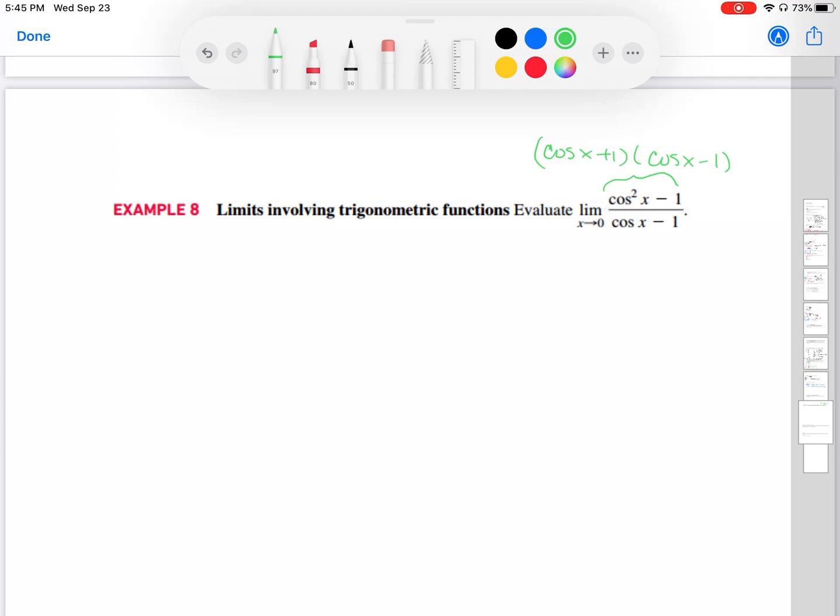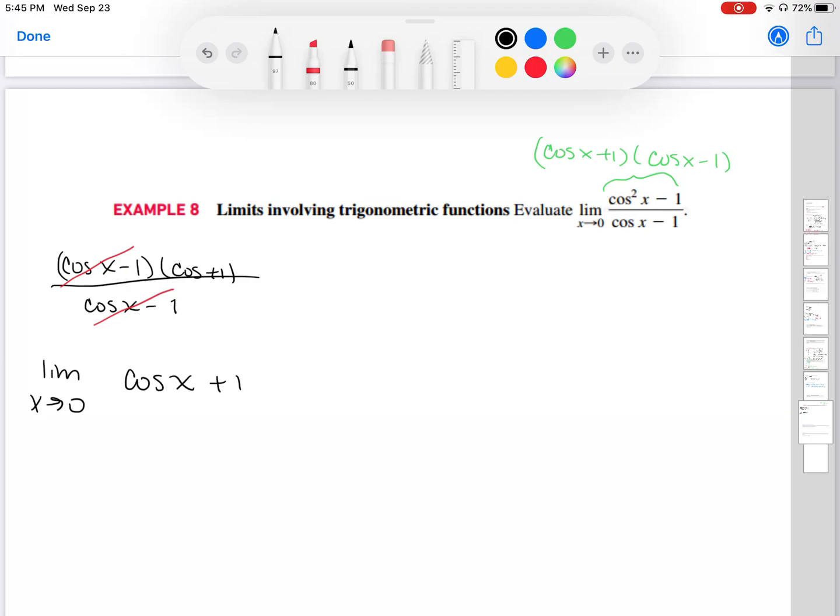So I have cosine of x minus 1 times cosine of x plus 1 divided by cosine of x minus 1. We see that we can simplify our function, and then we can apply the limit as x approaches 0 of just cosine of x plus 1.